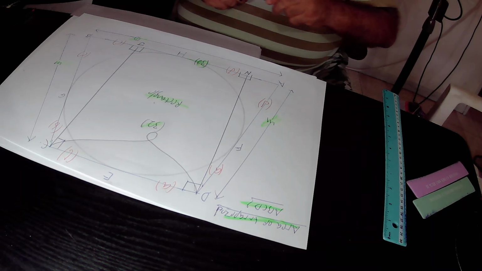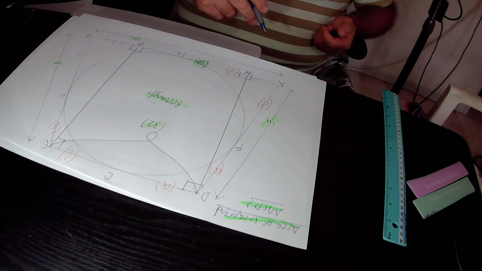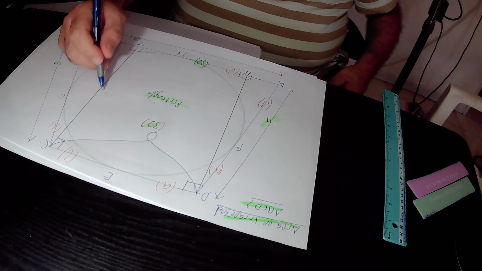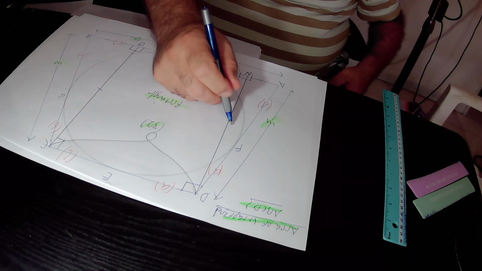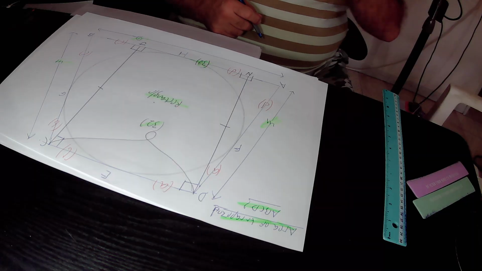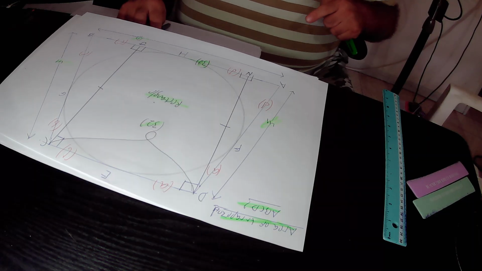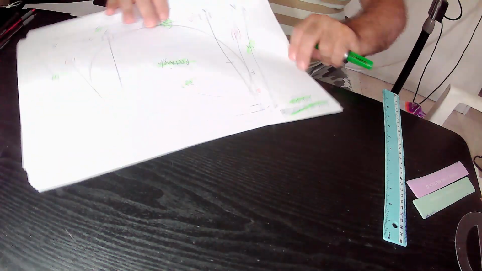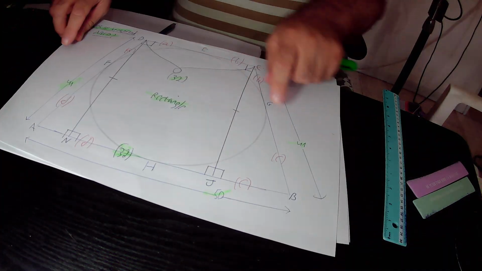According to the same rule, in the same rectangle DCJN, side CJ must be equal to the opposite side DN. Okay? So we'll focus on these 2 right angles.